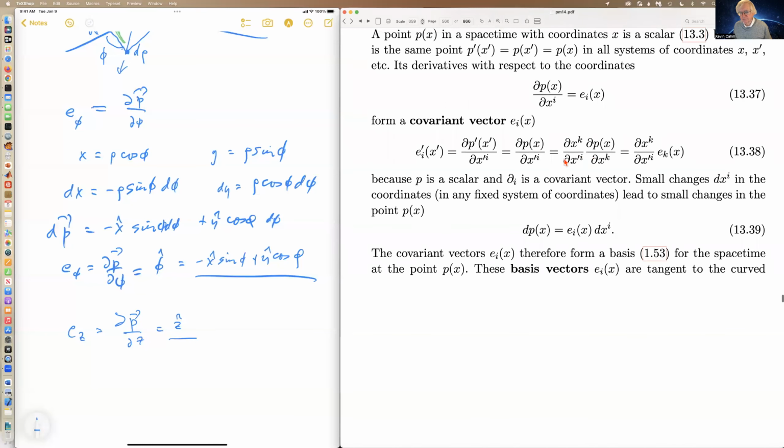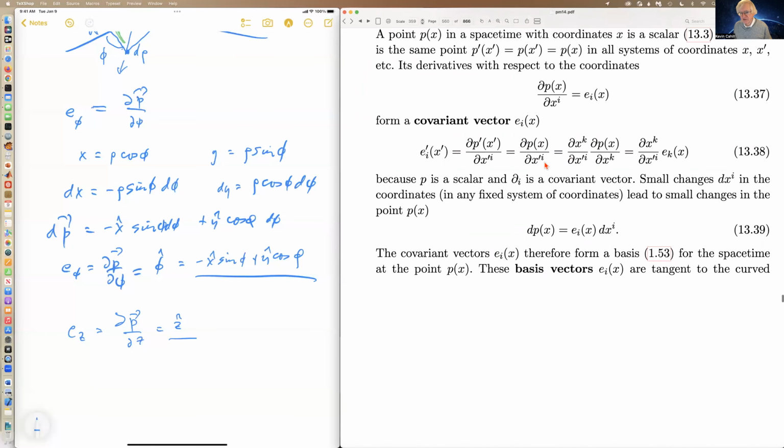That is to say, in the primed system, P prime of X prime is P of X. And so what is this derivative? Well, remember, the way any of these things transform is a ratio, a partial derivative of components. You have a prime here, and the ith variable carries the prime. Since it's lowered, you put it in the denominator.